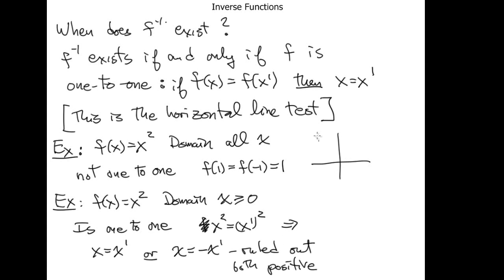And to draw the picture, again, this is just saying the horizontal line test fails because there are these two different x values with the same x squared, but it goes away if you restrict the domain. Okay, well, how does that help?